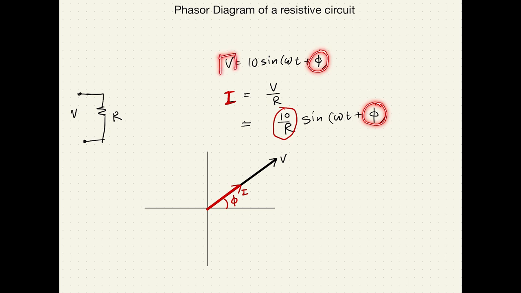These two quantities, V and I, only differ by their amplitudes. So if we put them in the phasor diagram, we will see that V and I have the same initial phase phi, but different amplitudes. V has a higher amplitude and I has a lower amplitude.